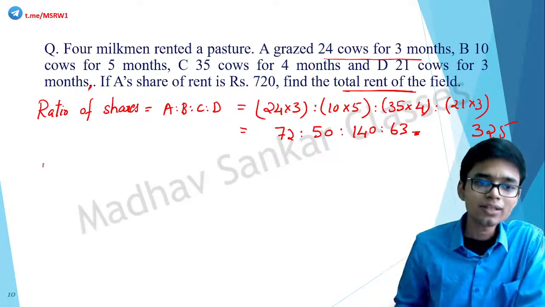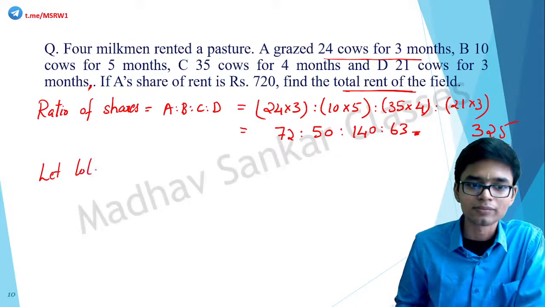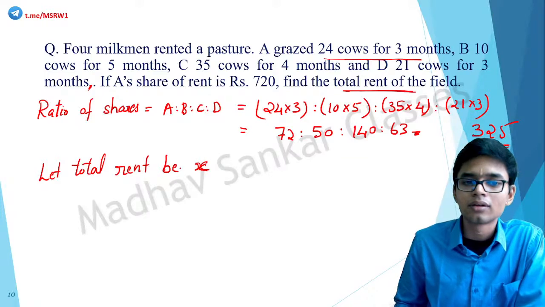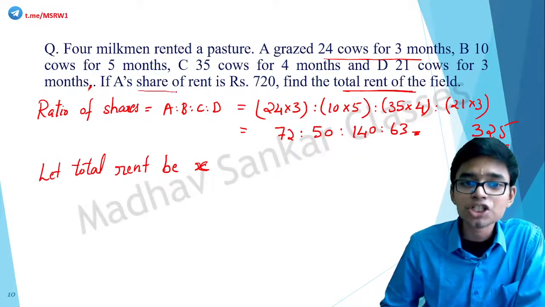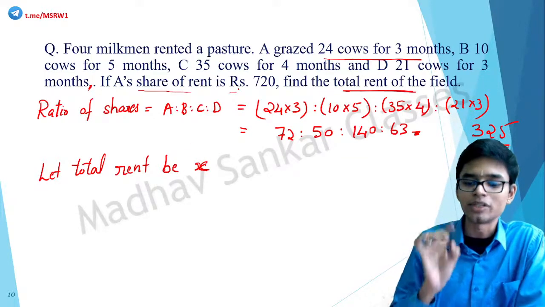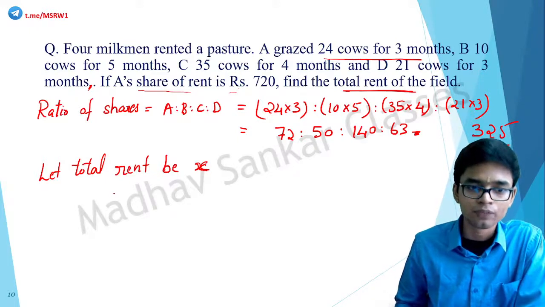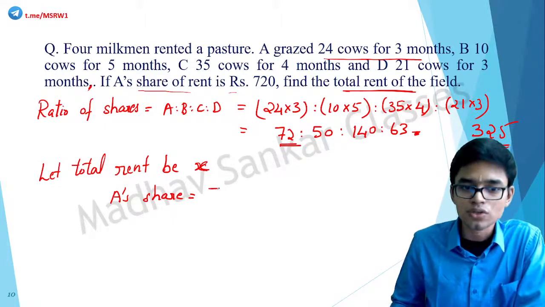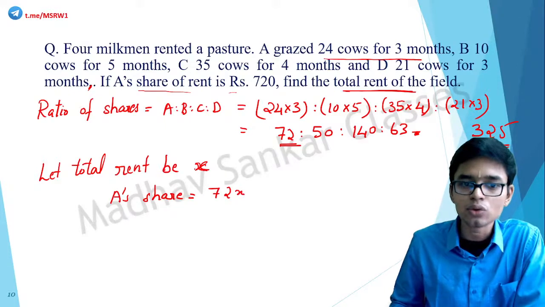Clear? Now, the question is asking for the total rent of the field. So let the total rent be X. A's share of rent is 720 rupees. So A's share is equal to how much actually? 72 parts is A. So 72 into X by 325.